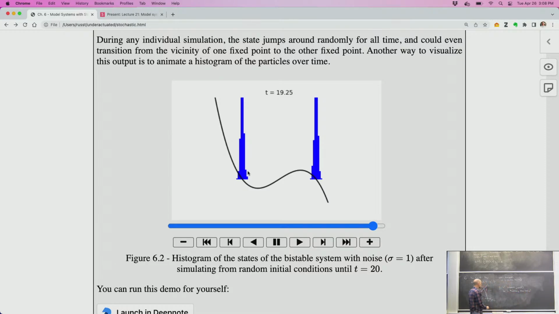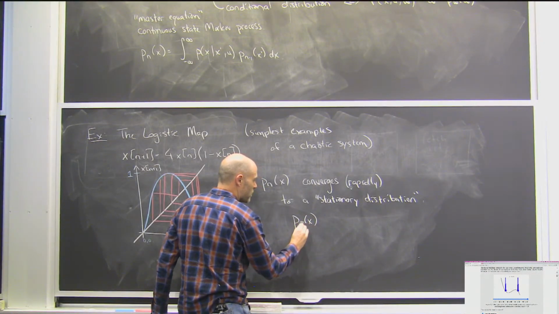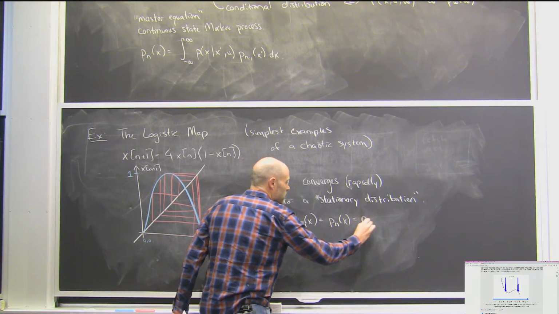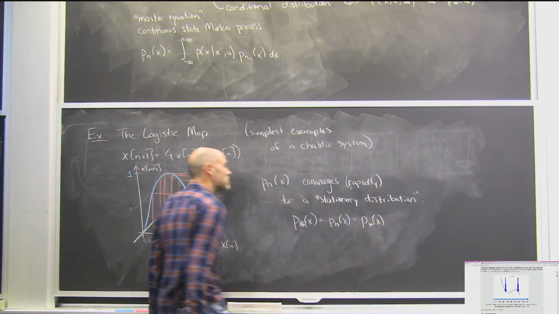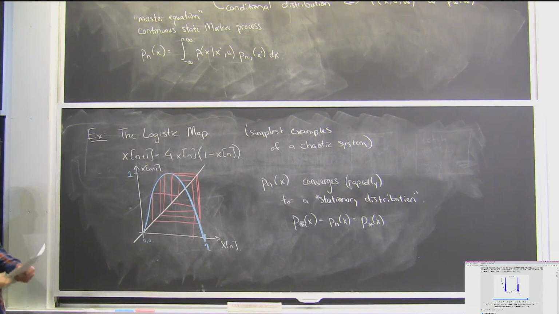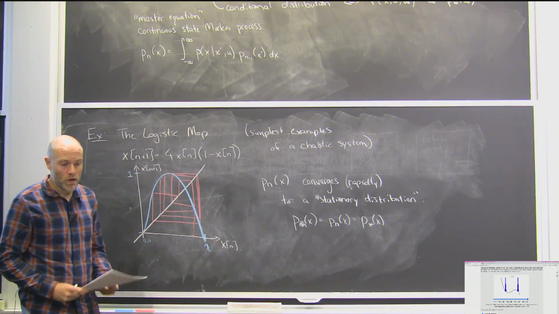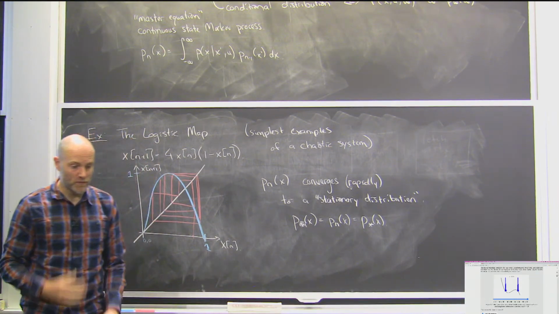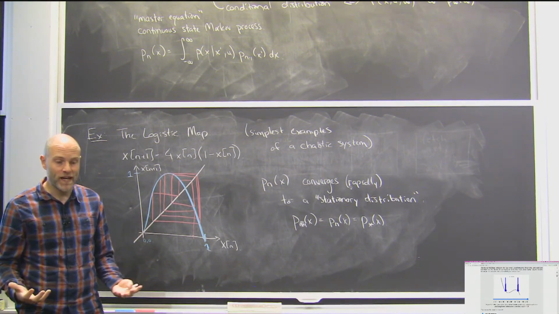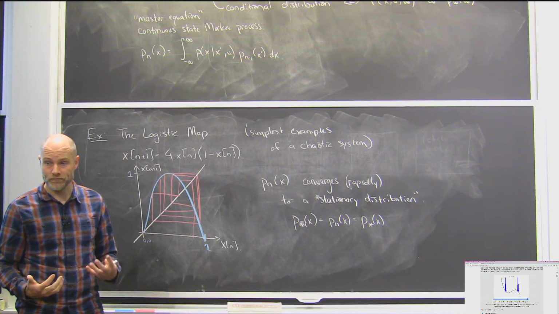A stationary distribution is just going to be a fixed point of this master equation, of this Markov process. So P star of x, or Pn plus 1 of x, equals Pn of x equals P star of x. So this is the first lesson from stochastic systems: oftentimes the distributions can be very simple, very elegant.